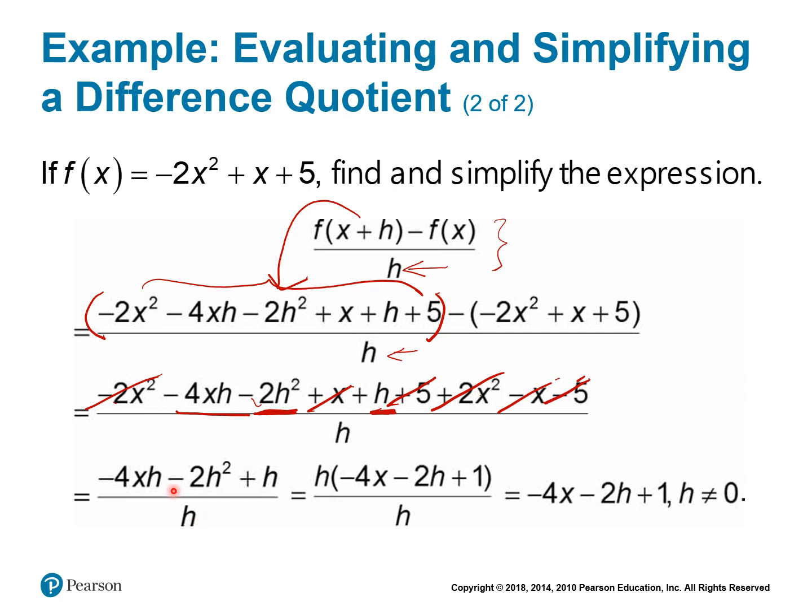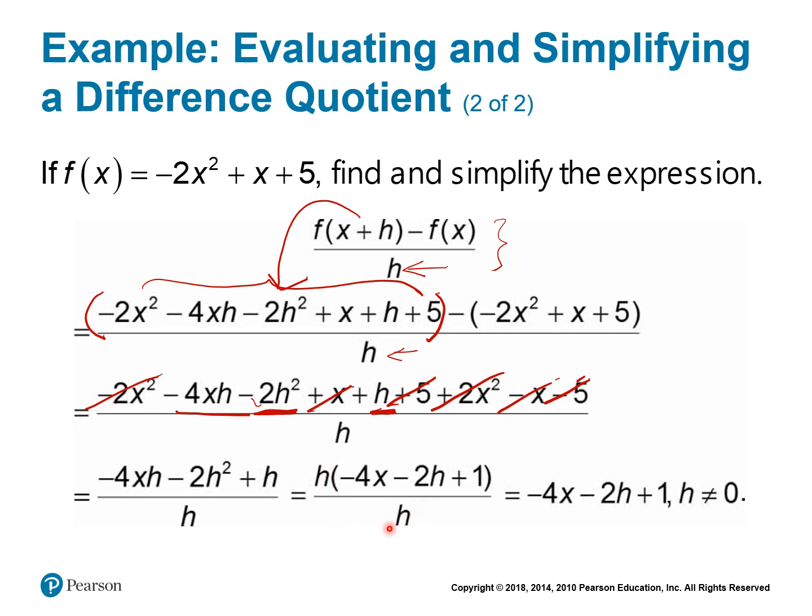Now they have factored out the numerator. There was a common variable h in every term. In minus 4xh we have h, in minus 2h squared we have an h, and plus h. So they factored out the h. Minus 4x minus 2h plus 1 is what we are left with, and then in the denominator we have an h.